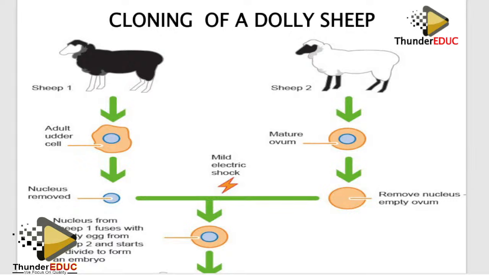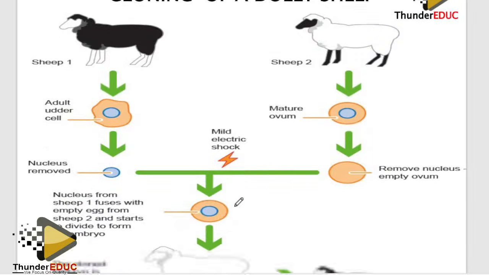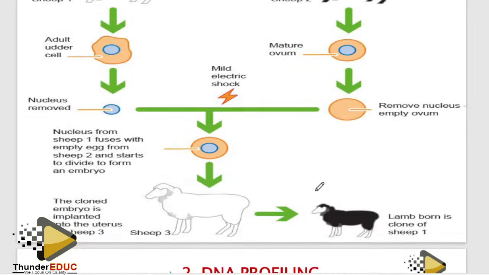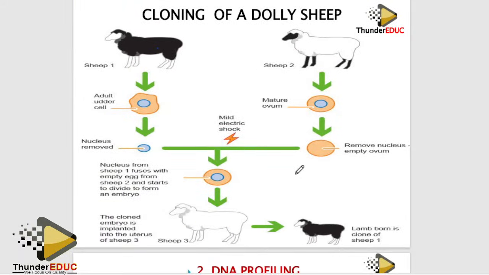Let me talk about stem cells, then we shall go on. I'm done with stem cells. We talk about the cloning. Guys, this is what I want to clone. Let me do it like this so that it gives me the full version. I want to clone this, therefore I have these two. I get sheep A. If I want to clone this, I have to keep its nucleus.